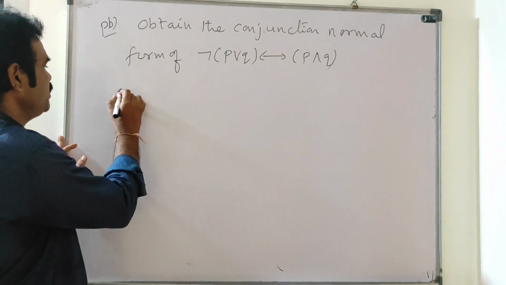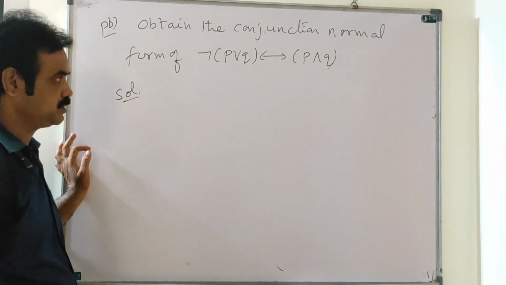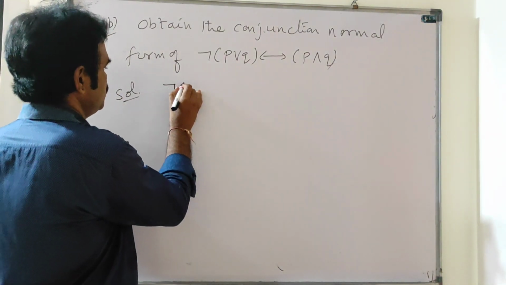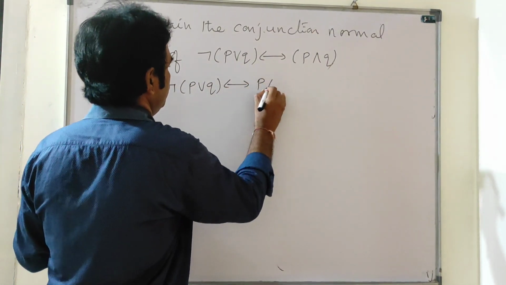Conjunctive normal form means that is conjunction of disjunctions or product of elementary sums. Okay. See the solution. Negation of P or Q by implies P and Q.